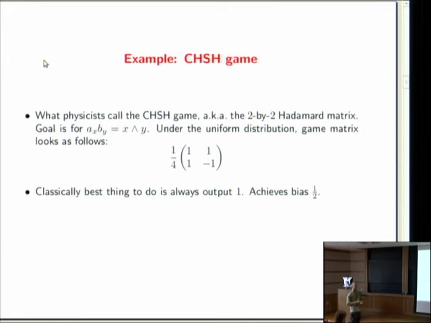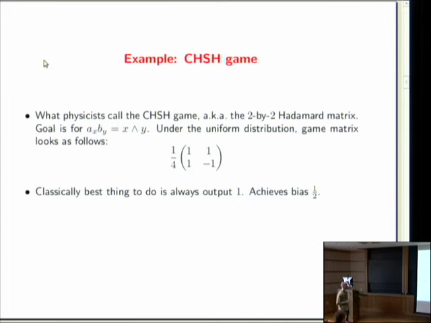So the game matrix is just a Hadamard matrix. If you think about 1 as false and -1 as true, I labeled the rows by 1 and -1. And I just put the uniform distribution on this, so I get a quarter out front.